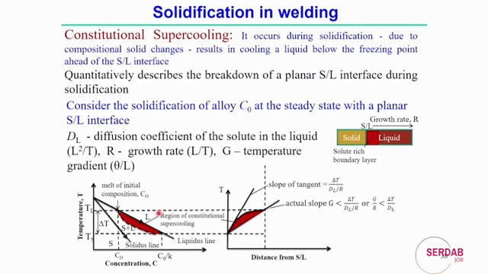Here we can see that this first slope is the actual slope. The actual slope is the temperature gradient, mathematically represented by the term G. Then if we look into the other slope, the slope of the tangent at this point, the slope means the change of temperature, that is, the temperature difference with respect to some distance.